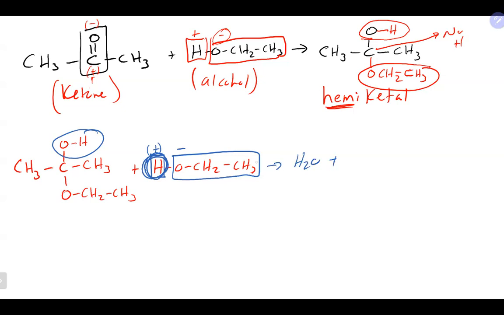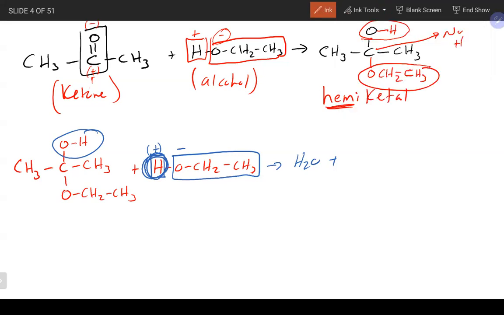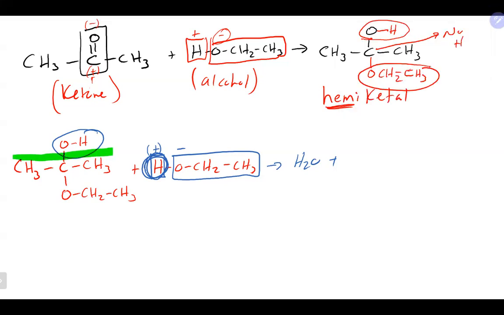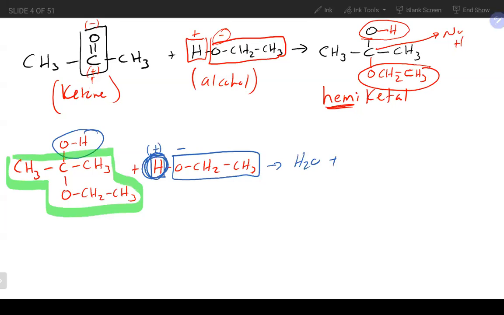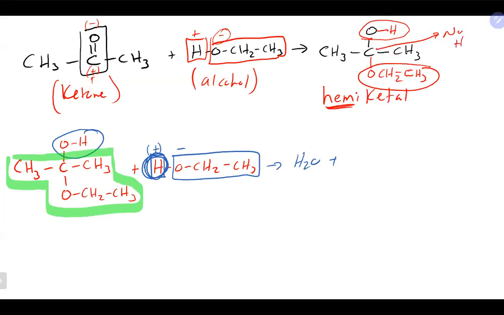And just like what we saw on the previous one, everything that's left over at this point will basically stay the same. So nothing will change. So you could just copy it exactly the same. And again, we just have CH3, C, CH3, O, CH2, CH3. And now if you think about it, we took out water.